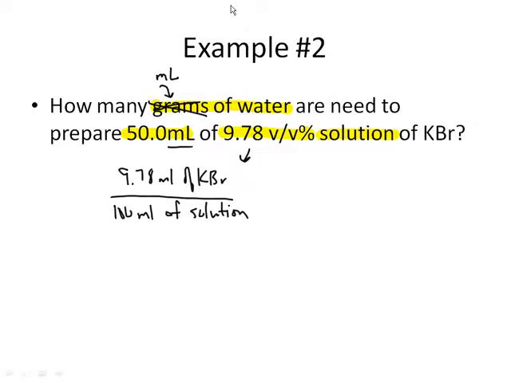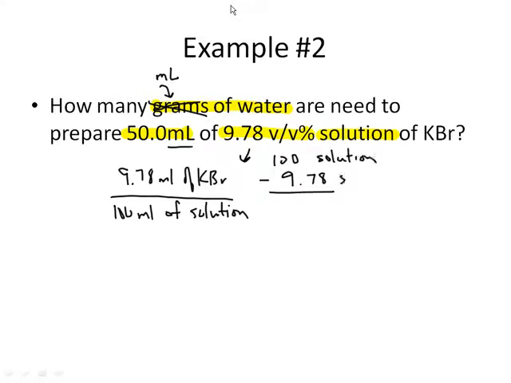There is another unit conversion hidden in here. If I have 9.78 milliliters of KBr and 100 milliliters total, then I should be able to figure out how much water I have in that by taking 100 and subtracting 9.78. Because this is my solution, this is my total.